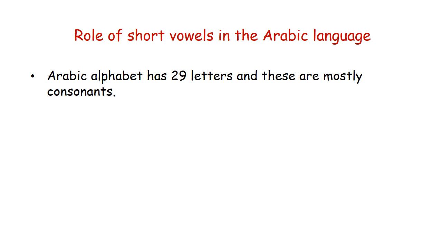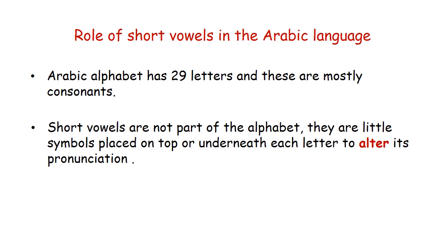There are two types of vowels, short ones and long ones. At this stage, we are only going to focus on short vowels. Short vowels are not part of the alphabet. They are little symbols placed on top or underneath each letter to alter its pronunciation.